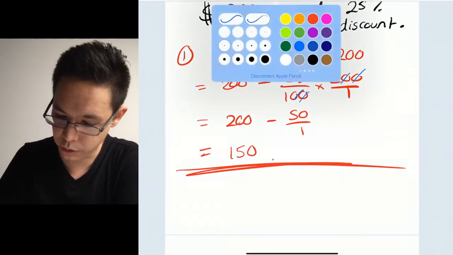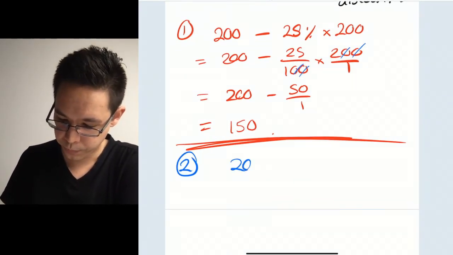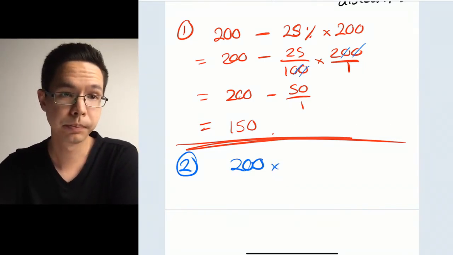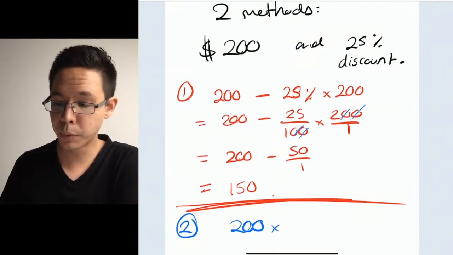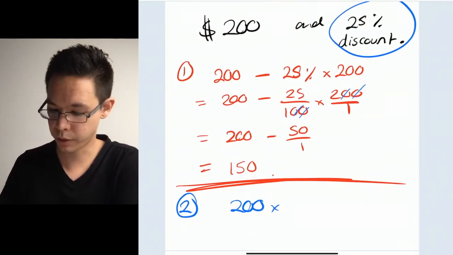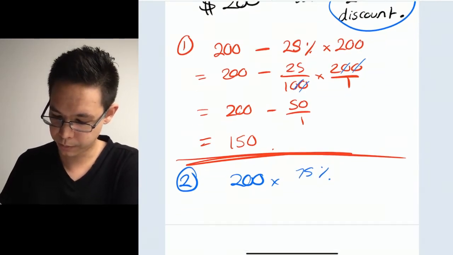The other option, option 2, is you can take 200 multiplied by the remaining percent. If I've removed 25%, then how much percent is remaining? Well, I've got 75% remaining.